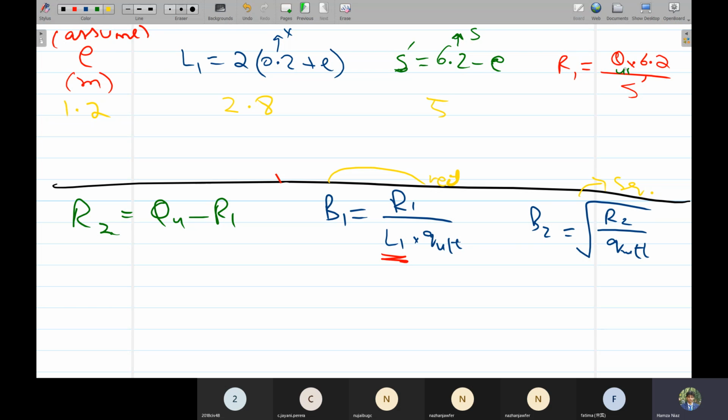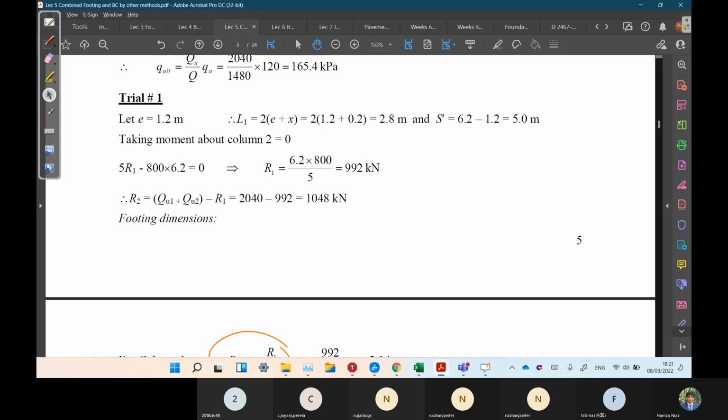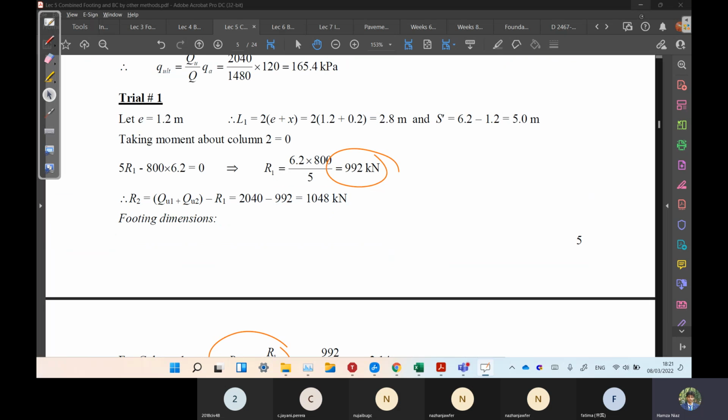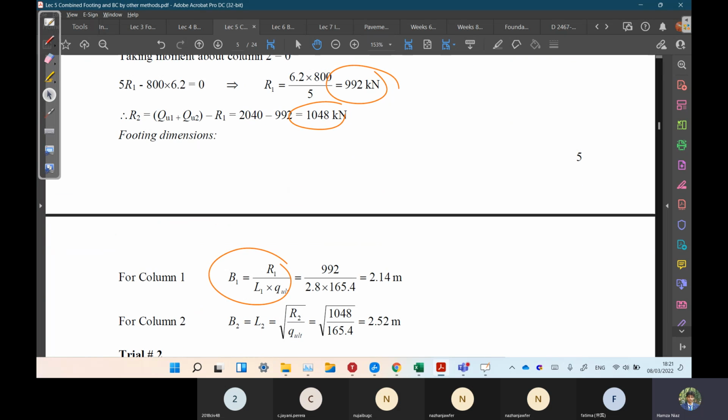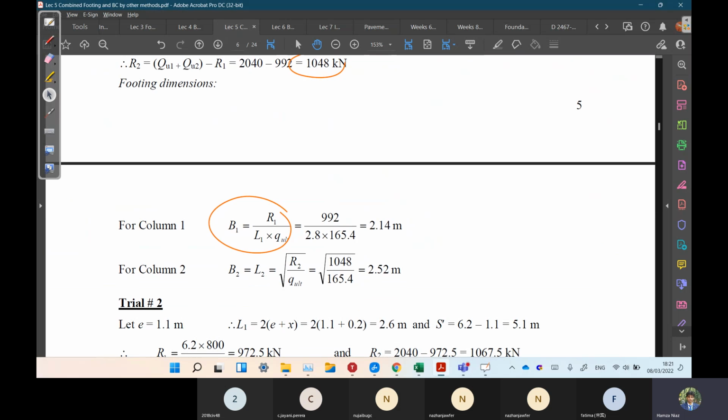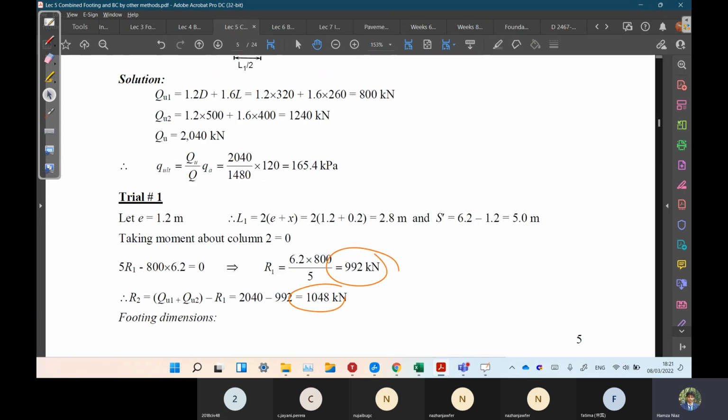Simply multiply the QU by 6.2 and divide by S bar. So some value would come, that would be 992. And the R2 value is 1048.